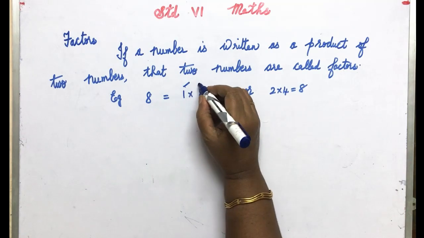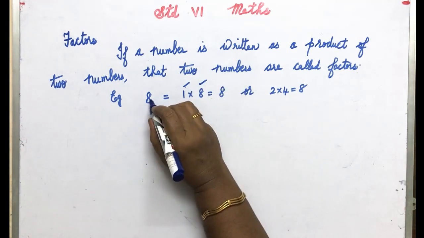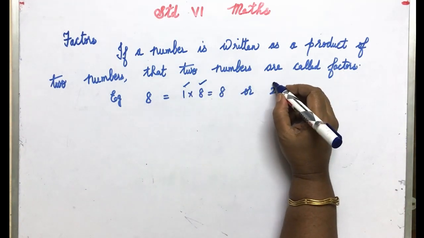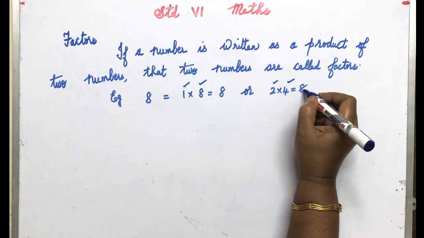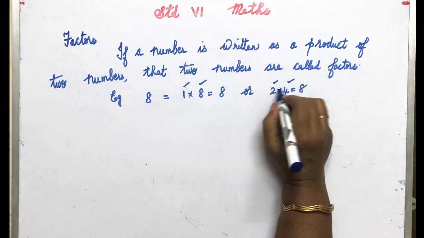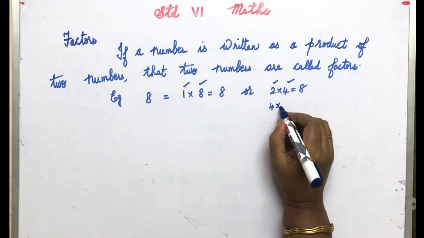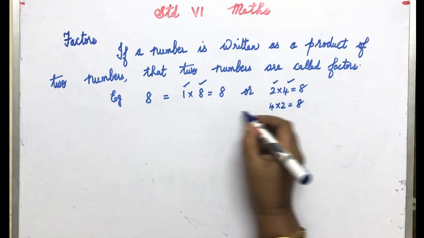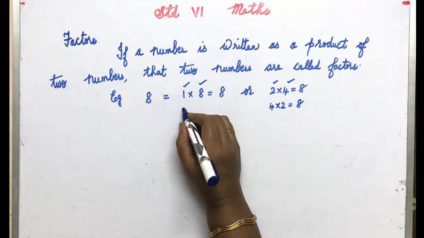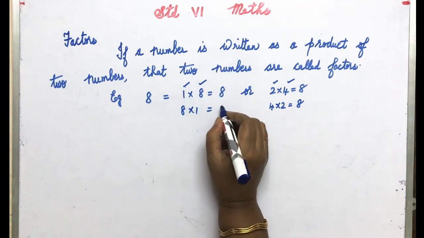So these two numbers are called factors of 8. Here also 2 and 4, the product of two numbers is 8. And this can also be written as 4 into 2 is equal to 8, and 1 into 8 can be written as 8 into 1 is equal to 8.